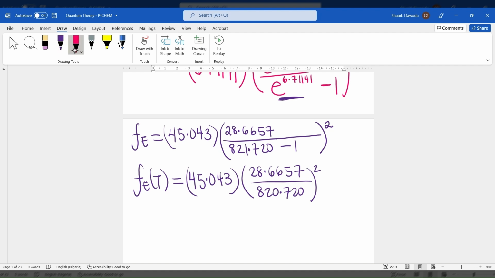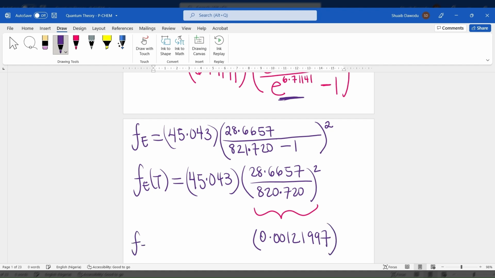And of course, when we put this information in our calculator, just this part, which is 28.66572 divided by 820.720, all squared, is going to simply give us 0.0012197.